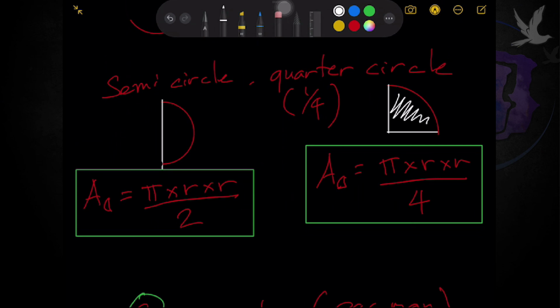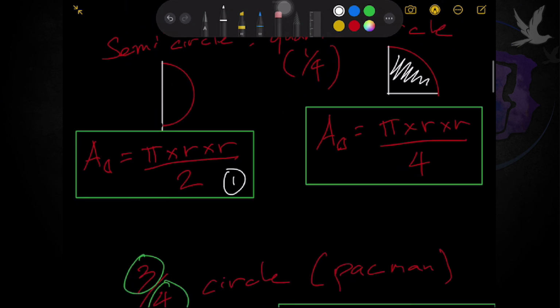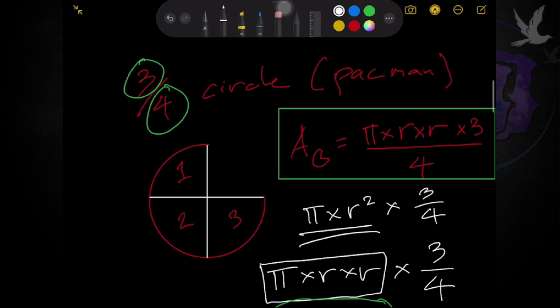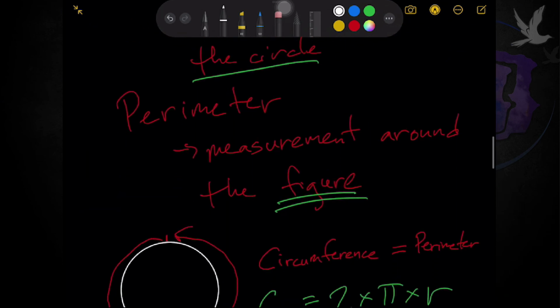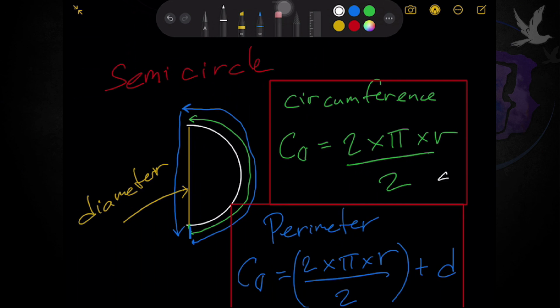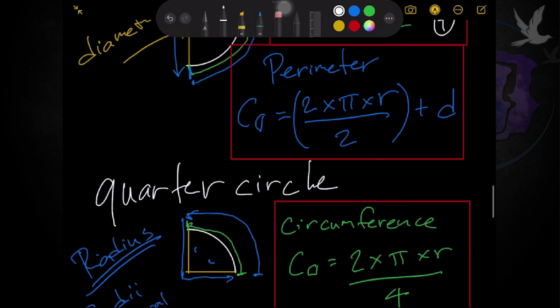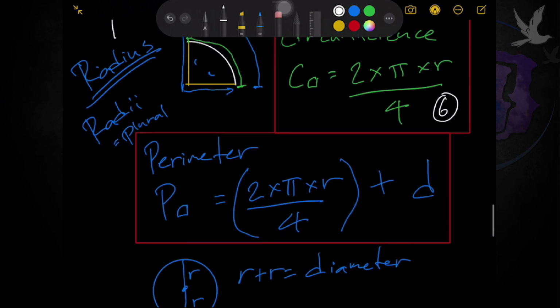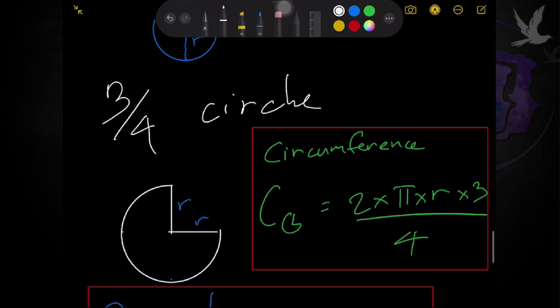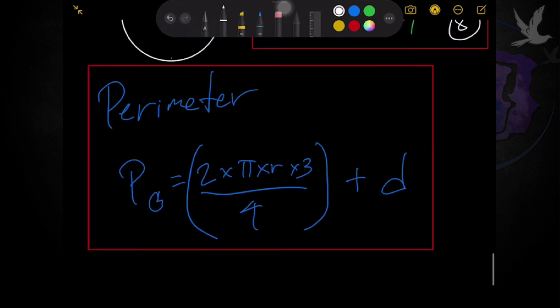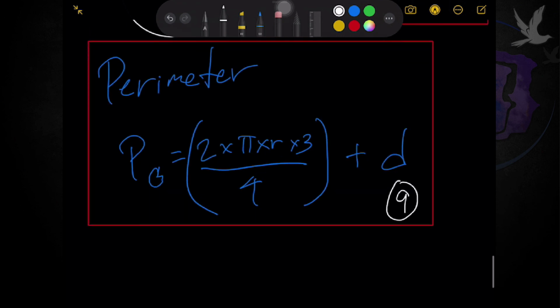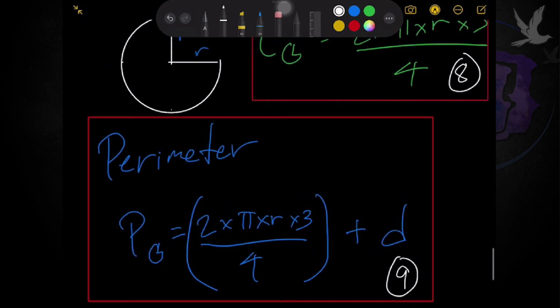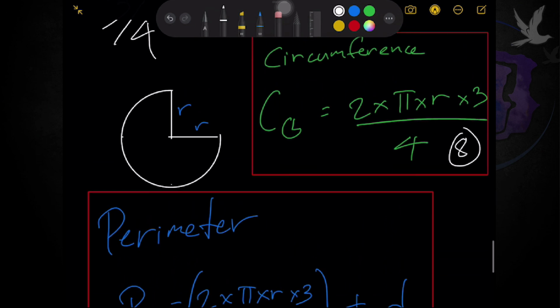Then for the additional formula natin, we have 1, 2, 3. Then we have 4, 5, 6, 7, 8, 9.